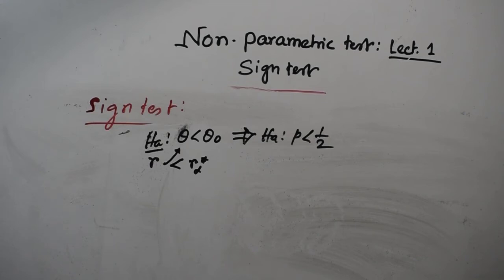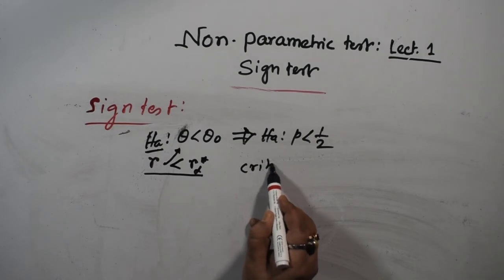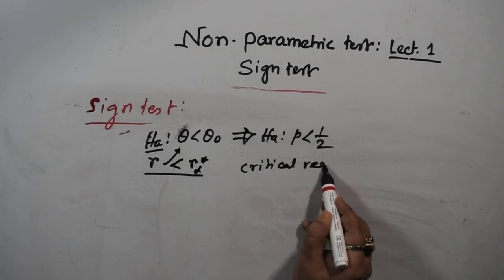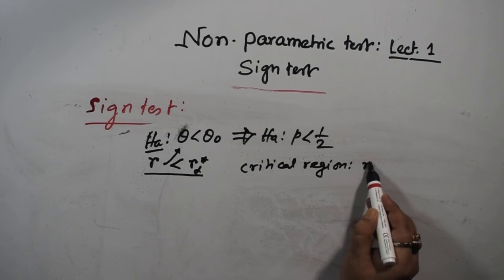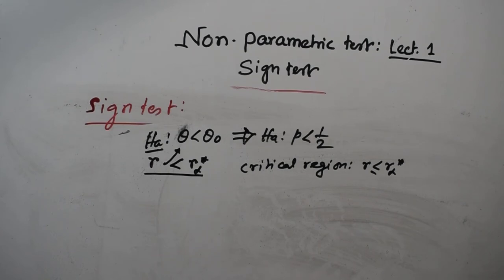So this suggests the number of positive values of X i minus theta naught should be small. So your critical region should be R less than or equal to R alpha star, where alpha is the level of significance.